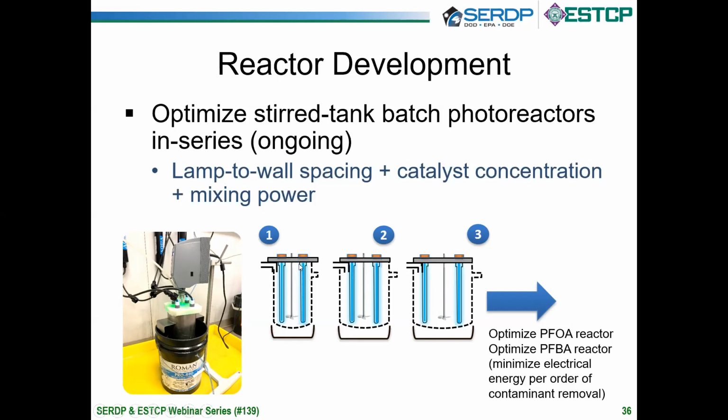And what we're working on now is optimizing the spacing of the lamps within the reactors, the volume of the reactors, as well as the catalyst concentration and the mixing power in order to see how much additional efficiency enhancement we can get just by playing around with these sort of geometry issues.